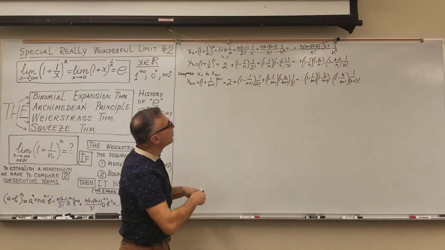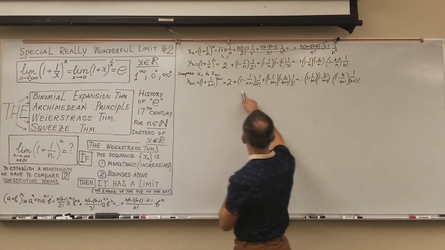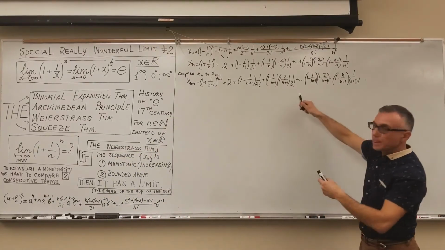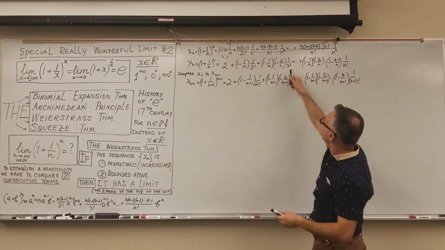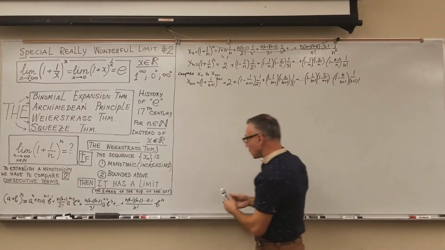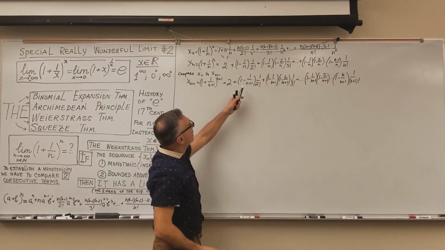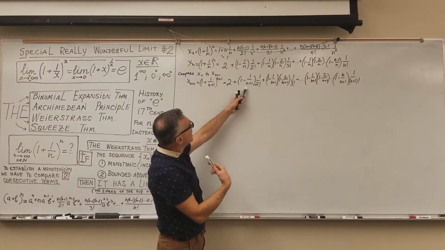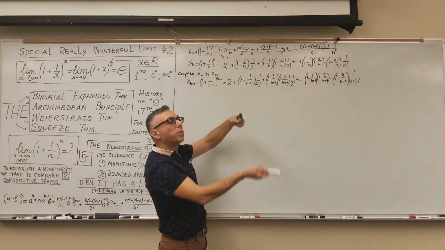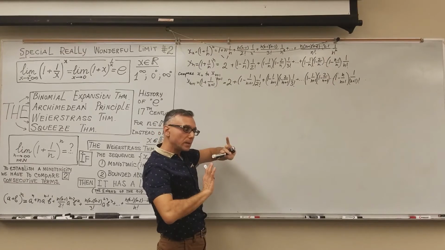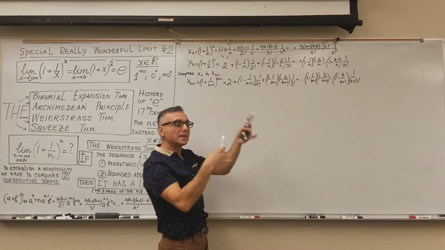And now let's compare corresponding coefficients of the same factorials: 2 factorial, 2 factorial, 3 factorial, 3, and so on. Looking at corresponding coefficients, you can see that in the index n plus 1, we have 1 over n plus 1. N plus 1 is increasing, so 1 over that will decrease.